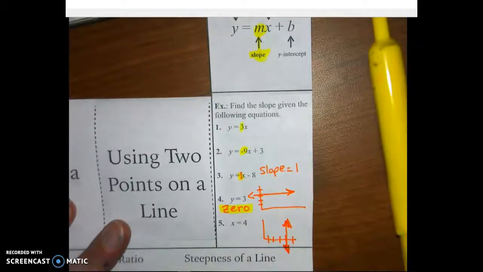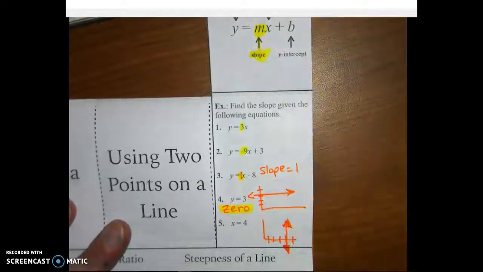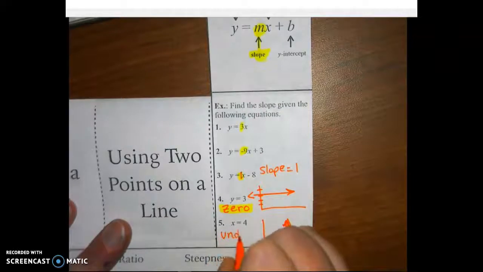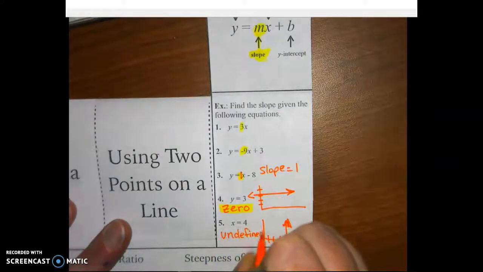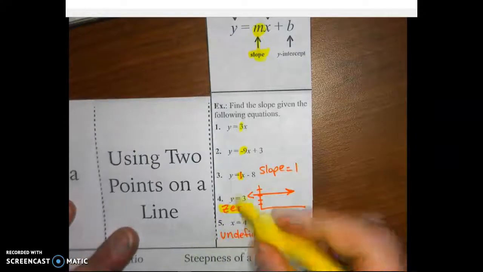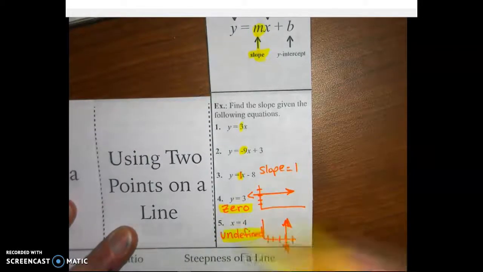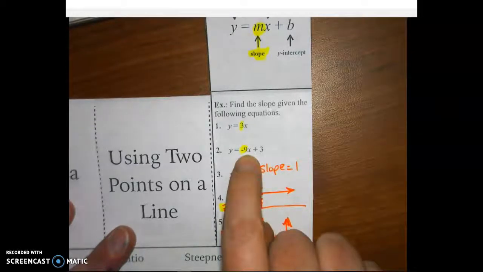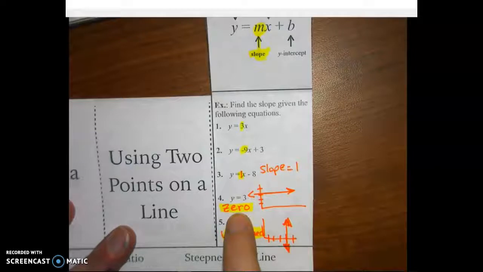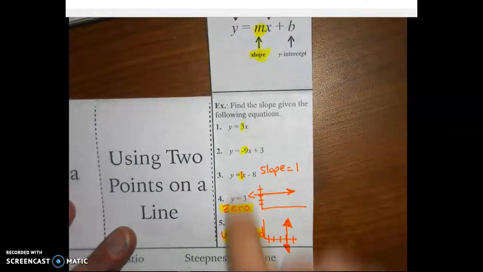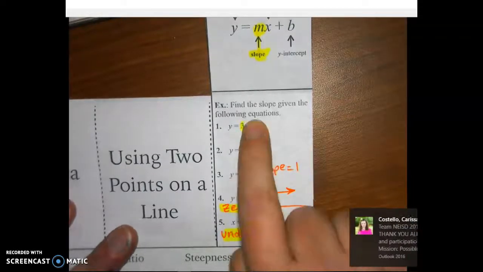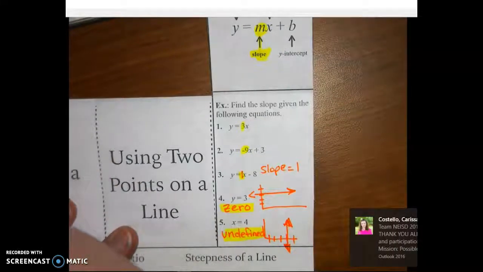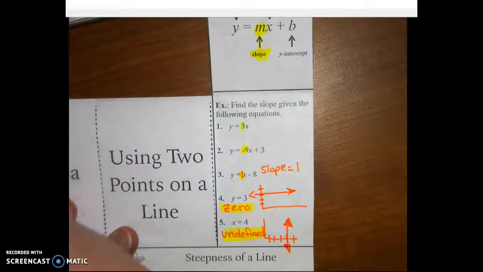Well, this is what we call undefined. So it's either the number right in front of the x, or it's going to be 0, or it's going to be undefined. It can be positive, or it can be negative. It can be super simple to just look at it and see what happens.